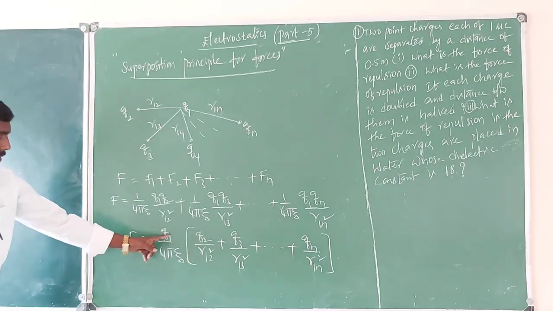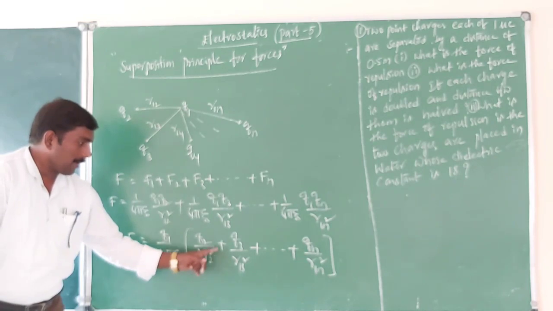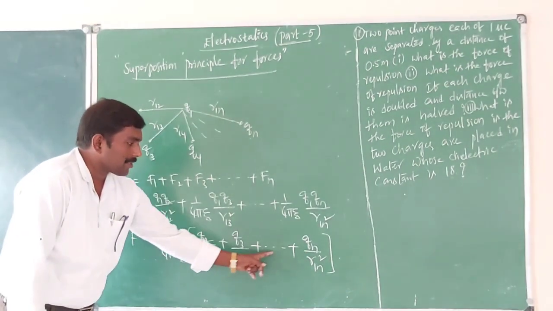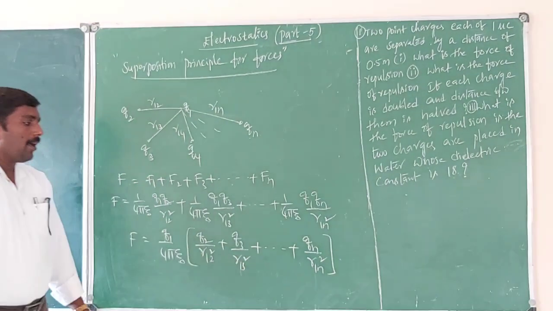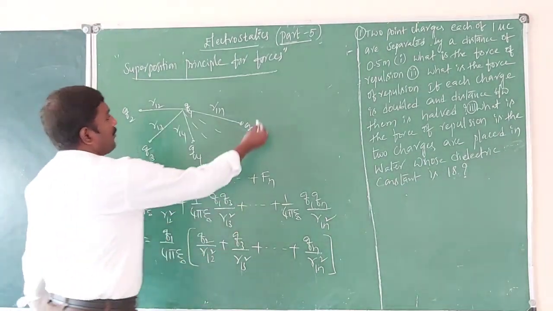So q1 by 4 pi epsilon naught into q2 by r12 square plus q3 by r13 square plus and so on plus qn by r1n square. So I will take summation.